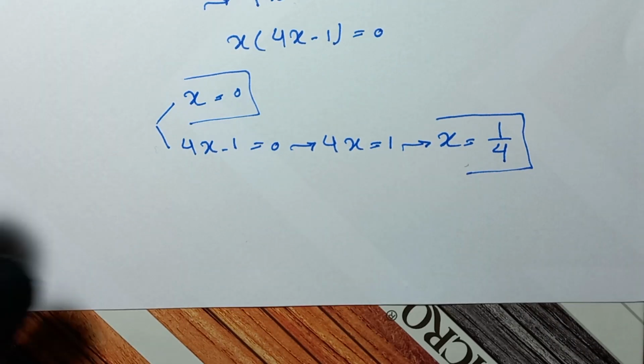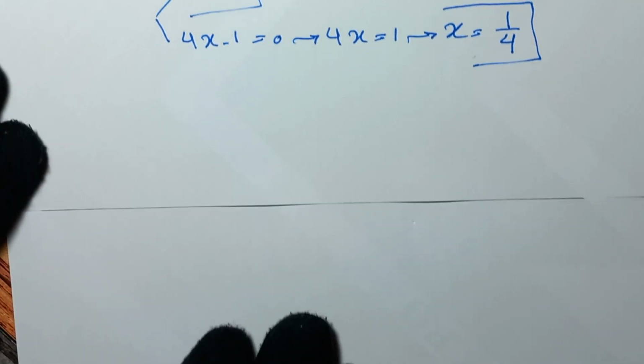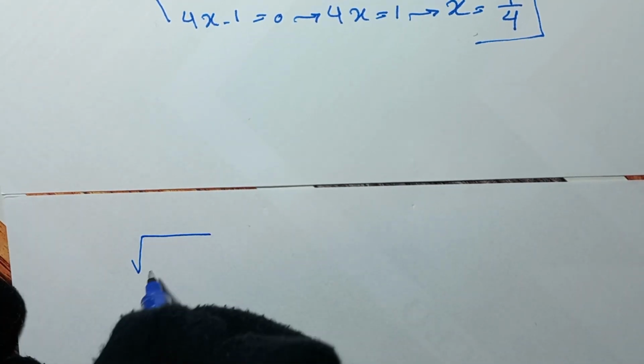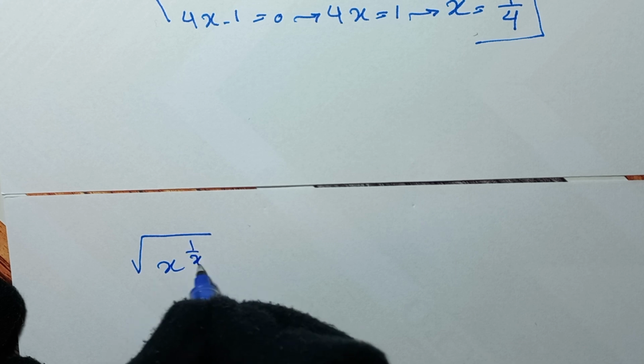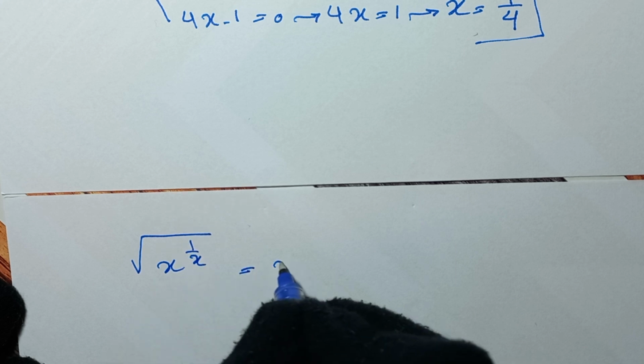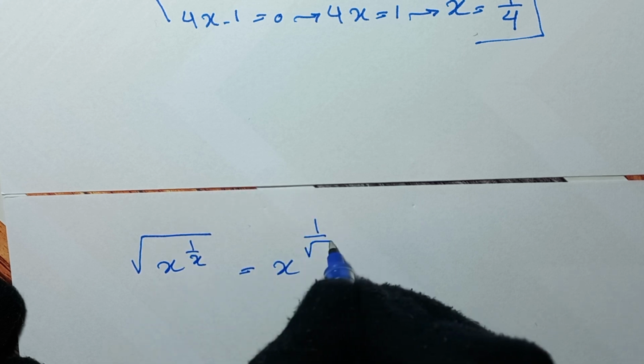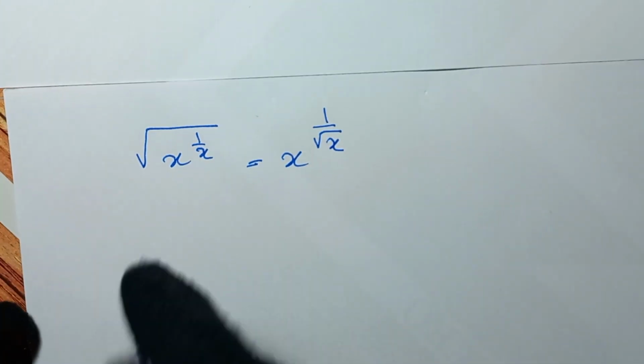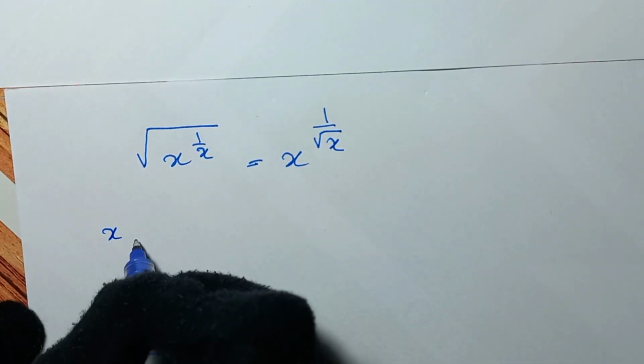So we write our problem was square root of x to power of 1 over x is equal to x to power of 1 over square root of x, right? And we check for x is equal to 0.